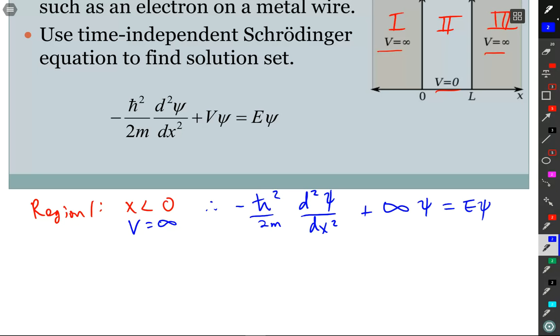So this is my equation. We kind of have a problem. How am I going to have something that is infinite times psi is equal to something not infinite times psi?